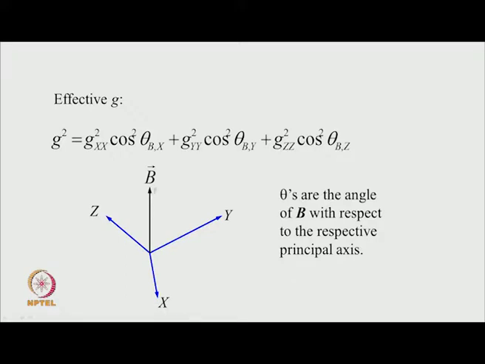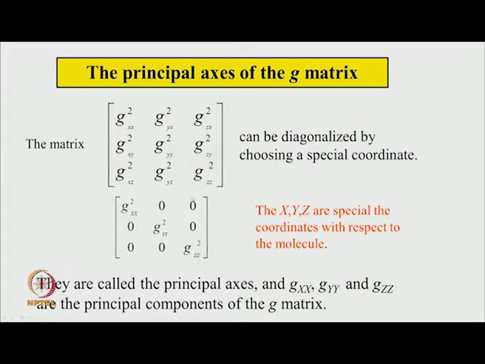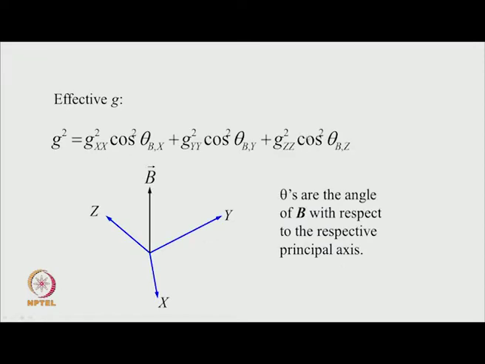Let us say B is pointing along this, then effective G square, from this expression, that diagonal element, appears to be this. These are the three direction cosines of B with respect to this principal coordinate system.